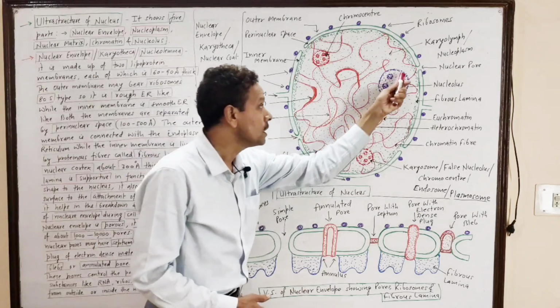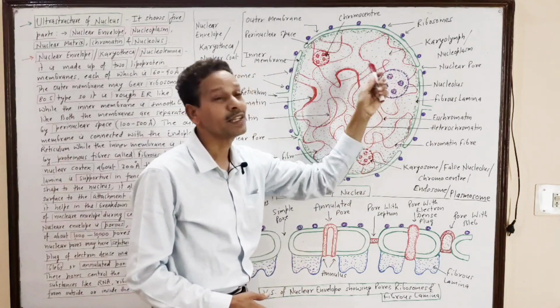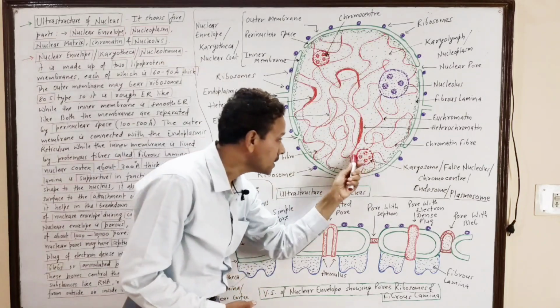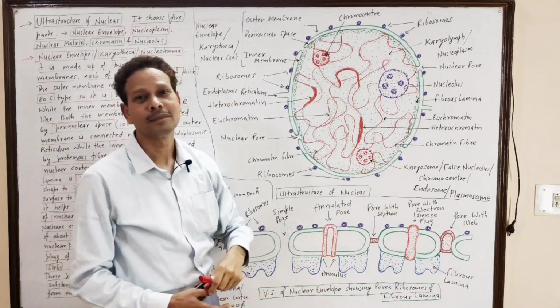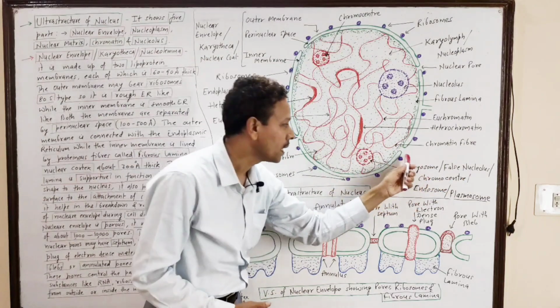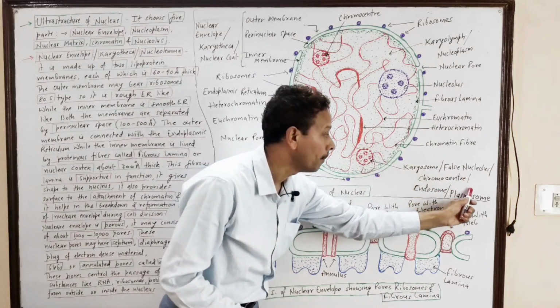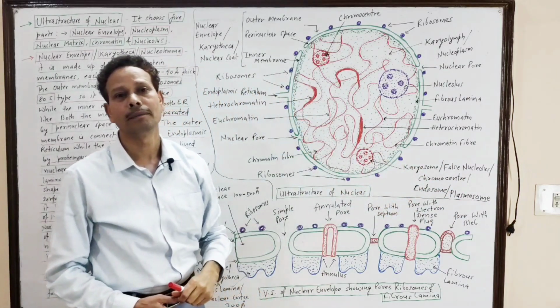Now note down, this one which is larger in size is nucleolus. But these small bodies are false nucleolus, or these are chromocenter, or may be named endosome, plasmosome, karyosome.